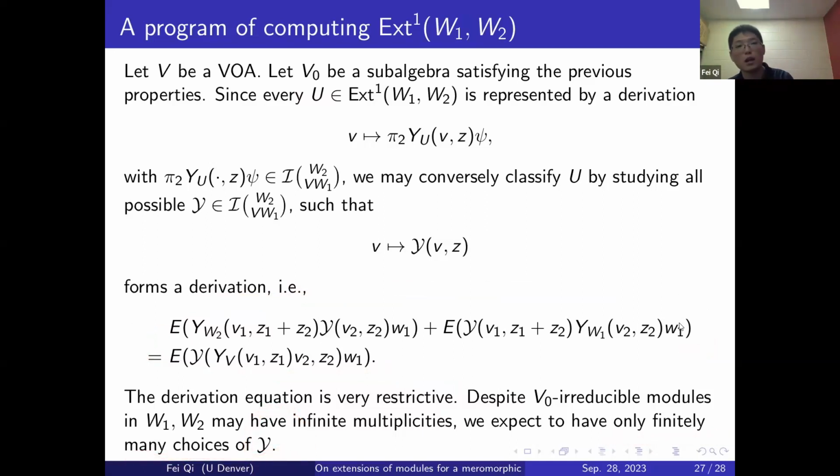So I feel this is a promising program to handle, for example, the Ext1 of W1, W2 for weight modules of affine VOAs at non-admissible levels. So that's the idea.